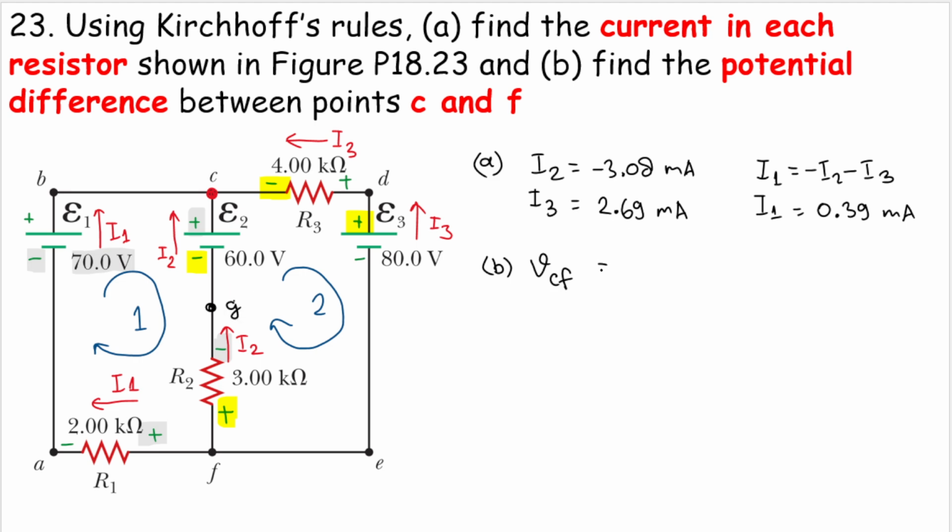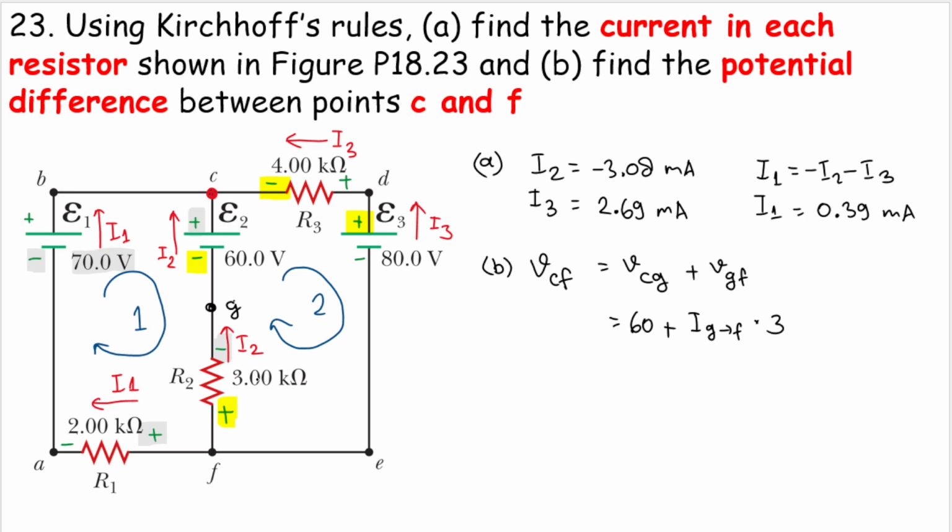So VCF is just VCG plus VGF, right? VCG is 60. We know it, right? So we will have 60, and then plus VGF. So we will need to find out the I from G to F, right? Multiplied by this 3 kilo ohm, right?